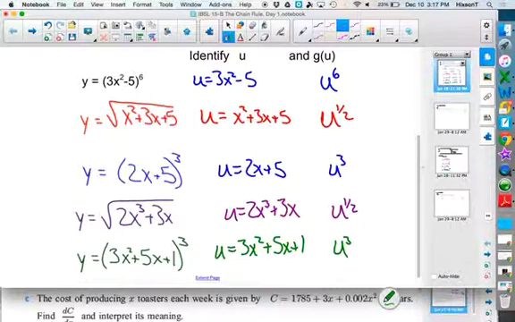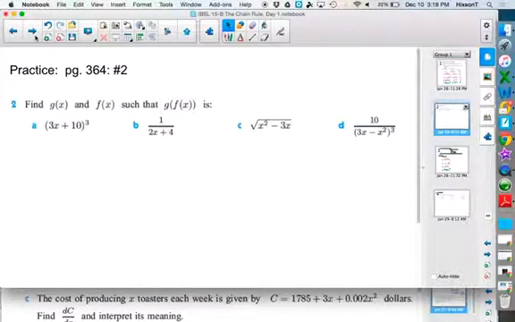Well, they will, in a sense, get more complicated, but the fact of the matter is, if you can kind of identify these as two separate things, okay, then actually using the chain rule is much easier, okay?